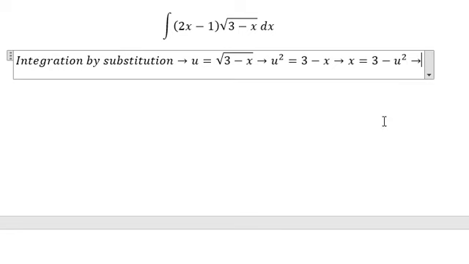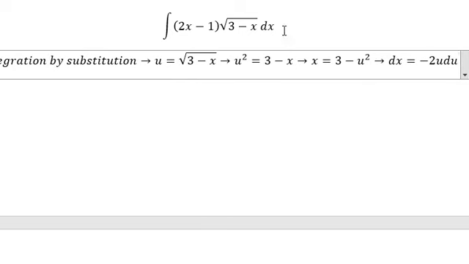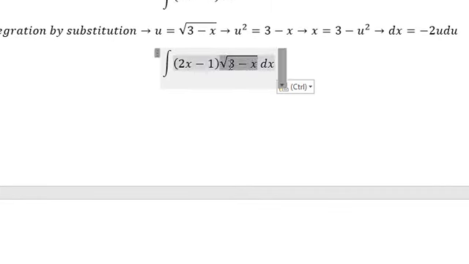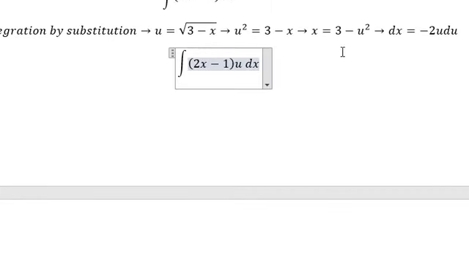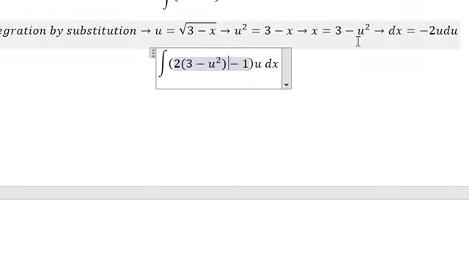Later, we do first the derivative for both sides. This one we change for u. S we change for 3 minus u squared. ds we change for negative 2u du.